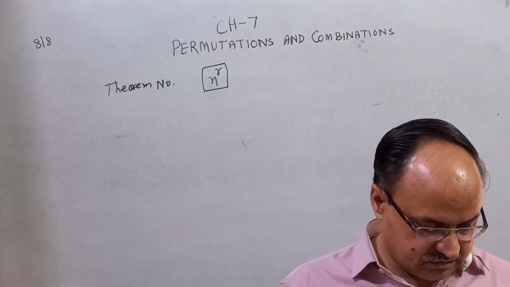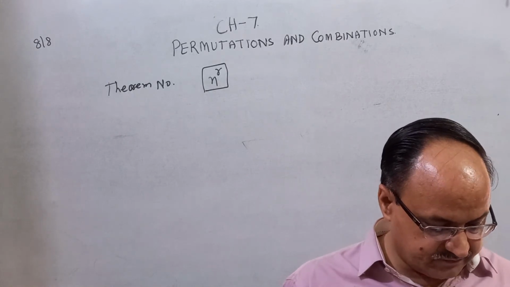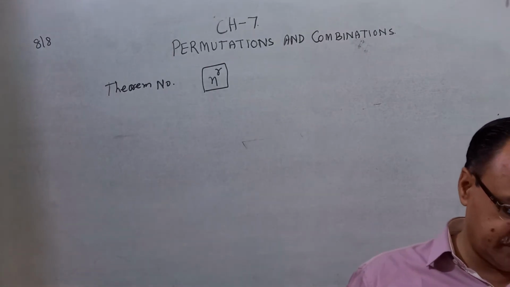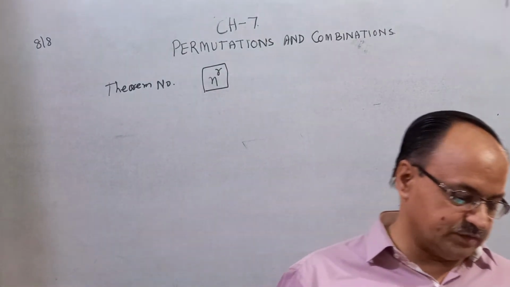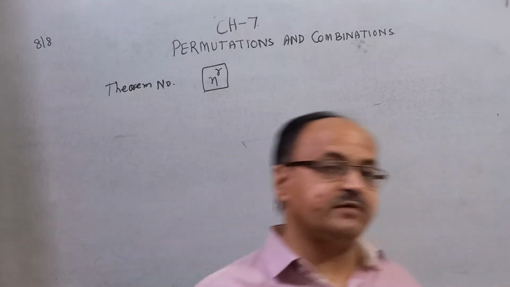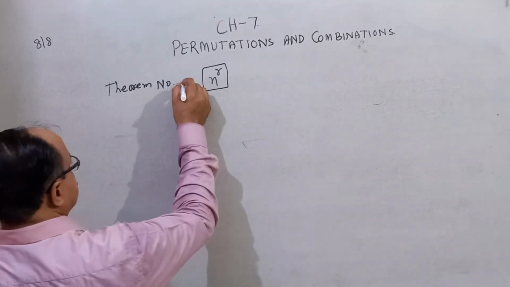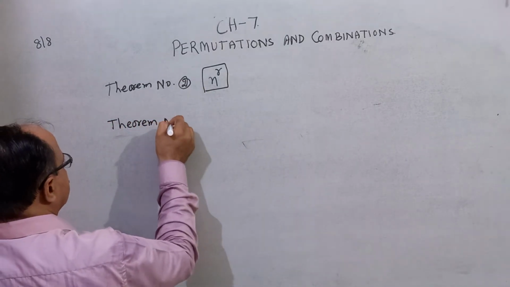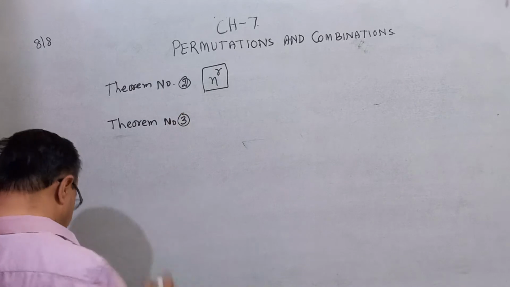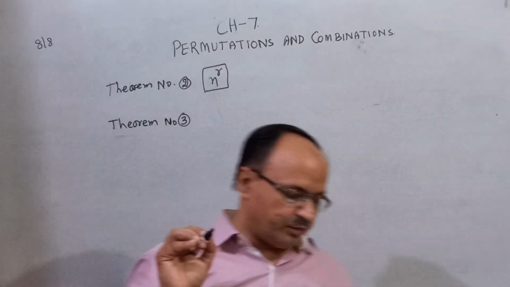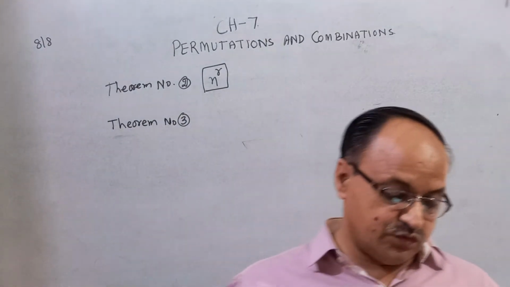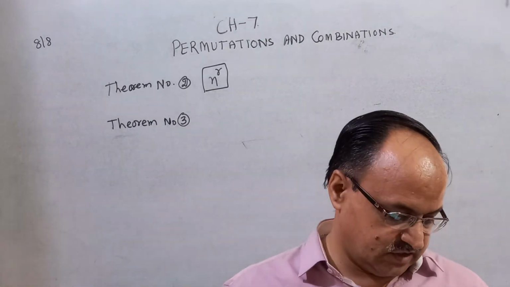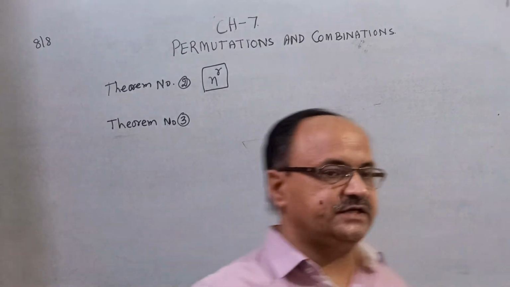And in this exercise, theorem number 3: the number of permutations of n objects where p objects are of the same kind, and the rest are all different.